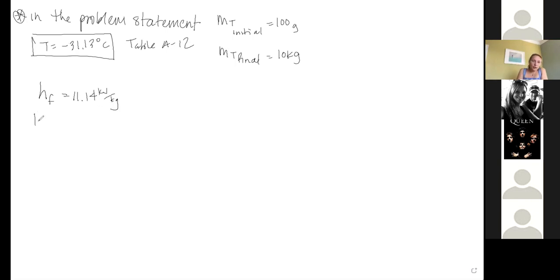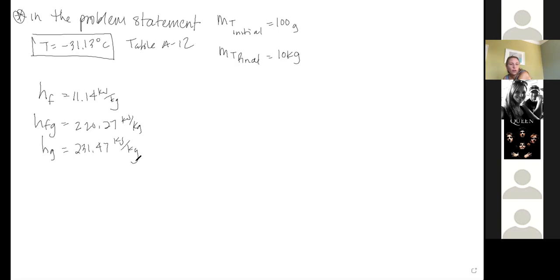And our saturated liquid vapor is equal to 212.48, is that right? No, 220.27 kilojoules per kilogram. And our saturated vapor enthalpy is 231.47 kilojoules per kilogram.